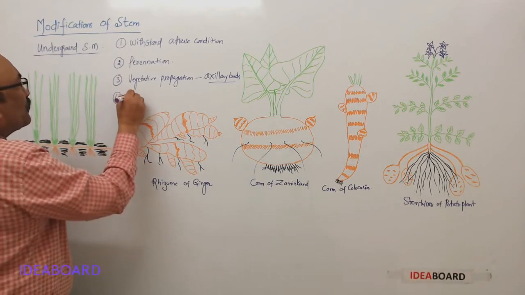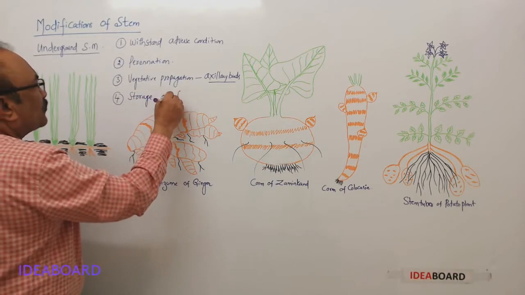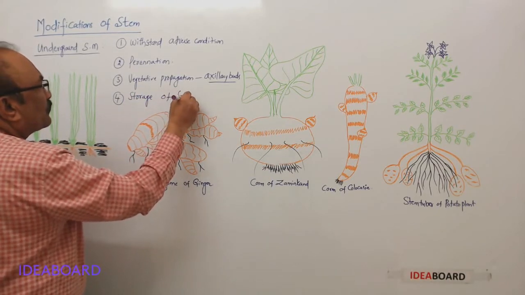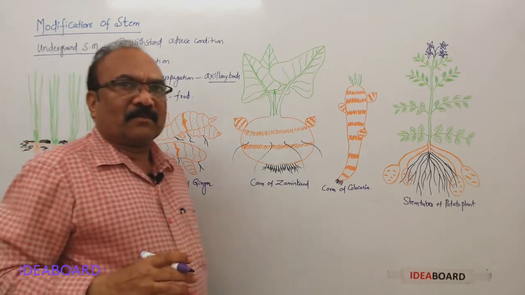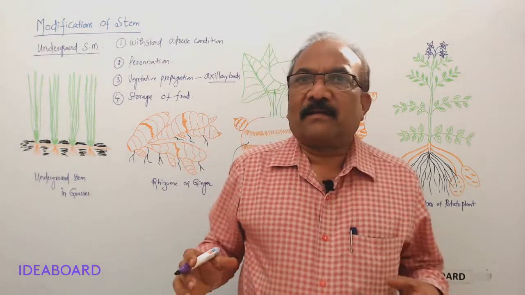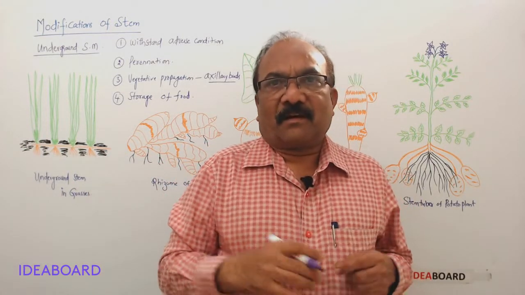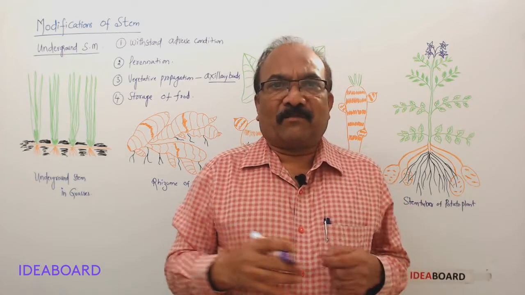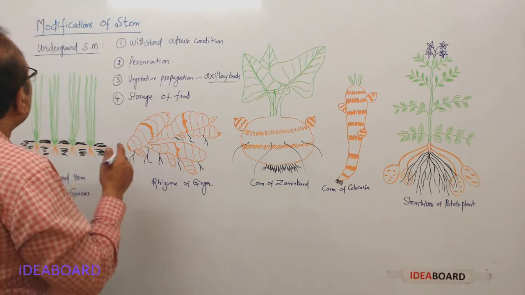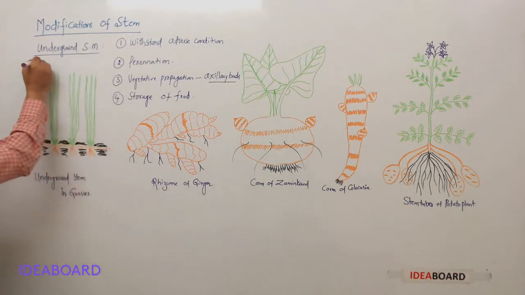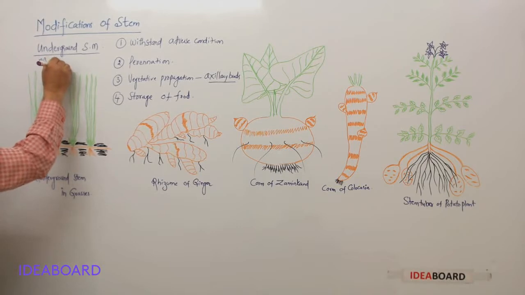So, storage of food material. As these underground stems help the plants in performing many functions, they are often described as multi-purpose stem modifications.